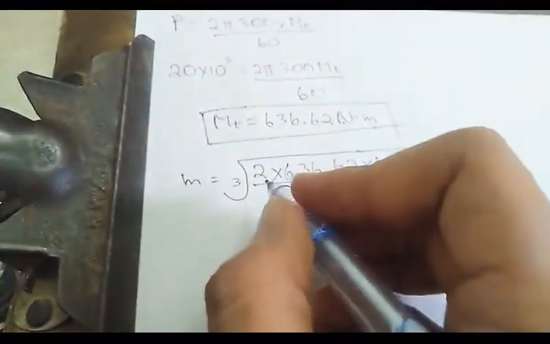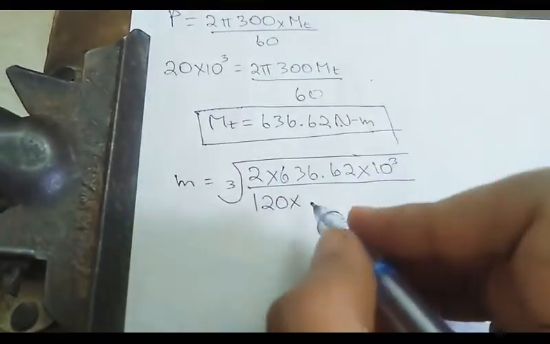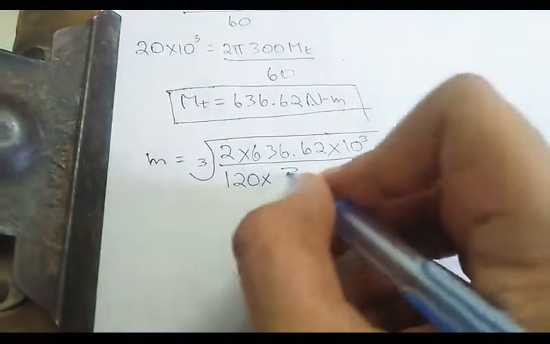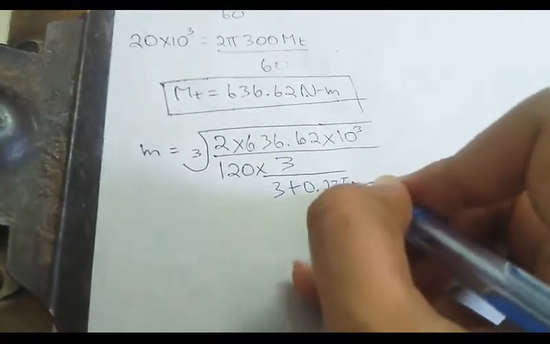So sigma d1 is 120 MPa, and the value of CV is 3 divided by 3 plus 0.235 m.